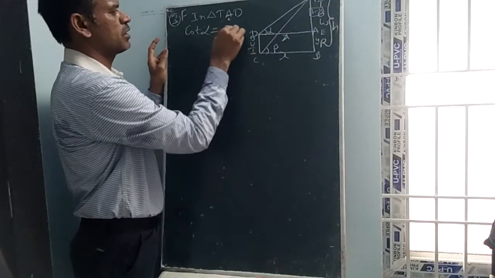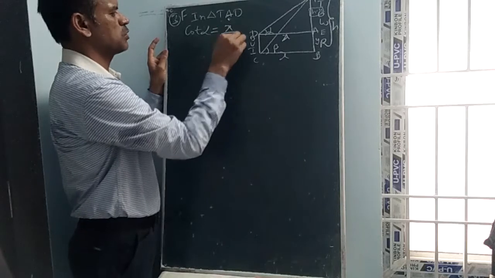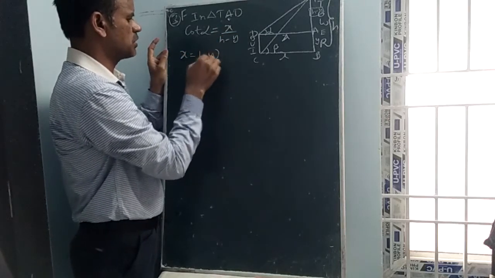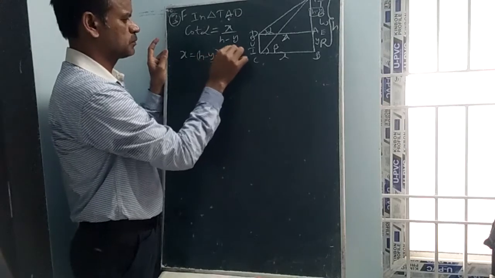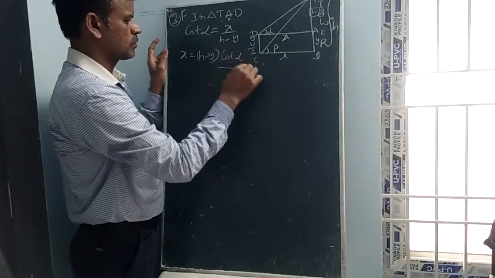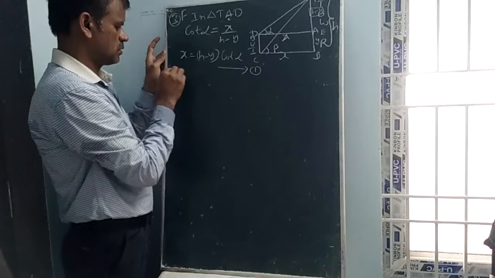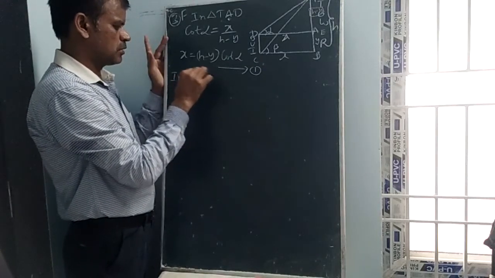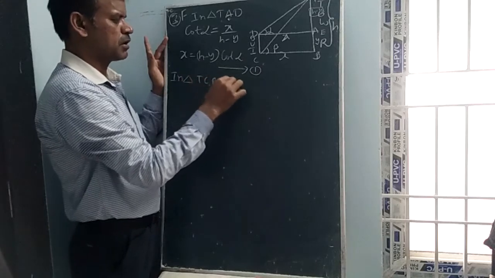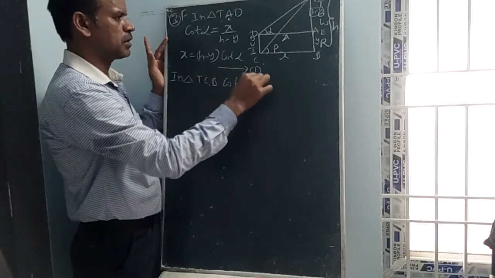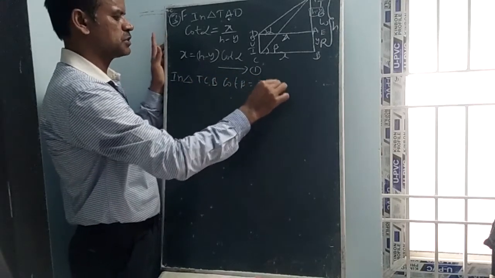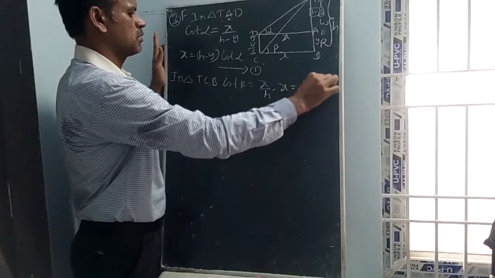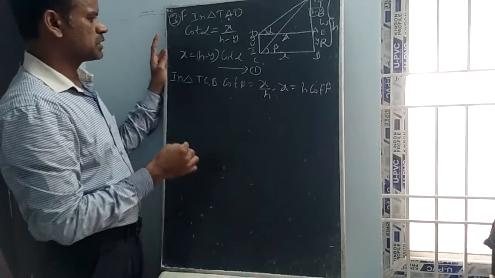So cot alpha is equal to x by h minus y. So x is equal to h minus y into cot alpha. Let it be the first equation. In triangle TCB, cot beta is equal to x by total height h. So x is equal to h cot beta.